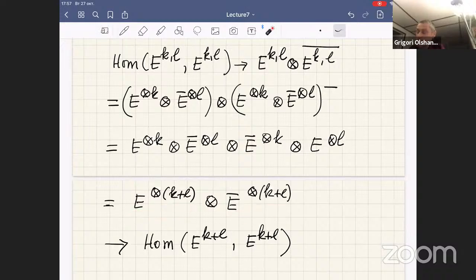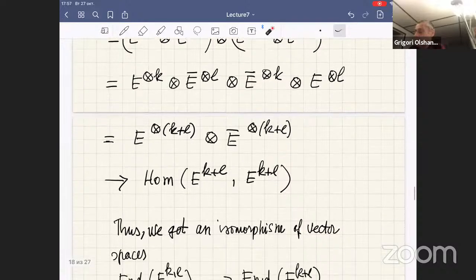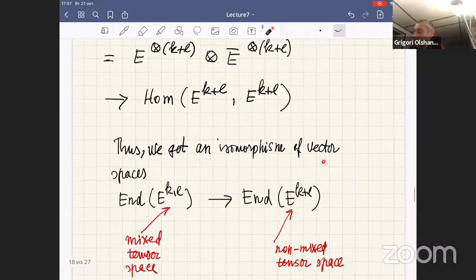And the miracle, we get the space of endomorphisms of the non-mixed tensor space. So we get an isomorphism of vector spaces, which is defined in a canonical way between the space of endomorphisms of this space, mixed tensors and non-mixed ones.